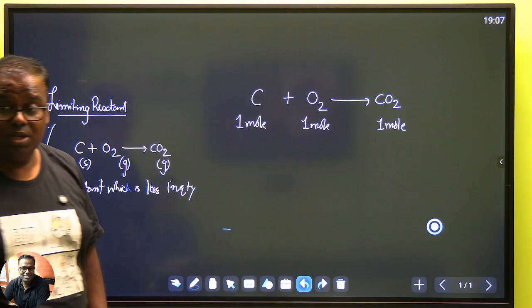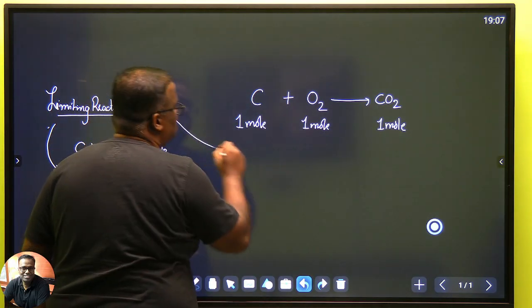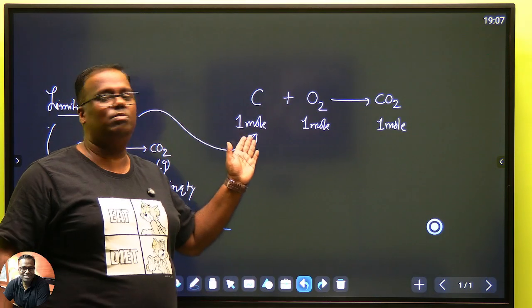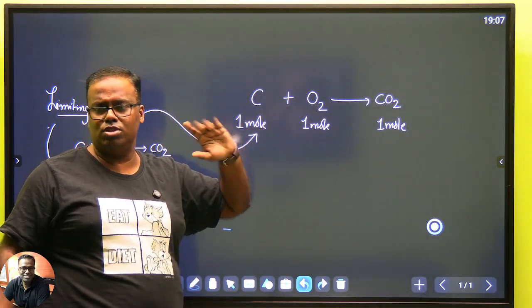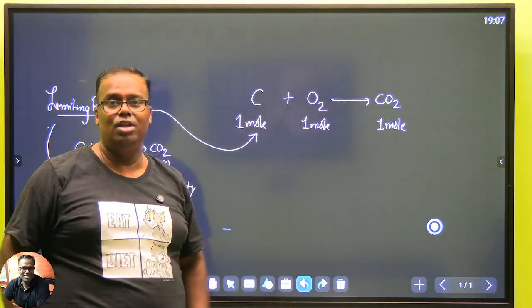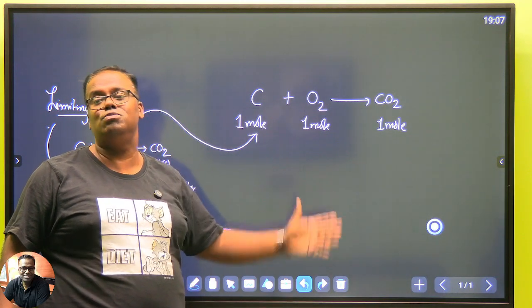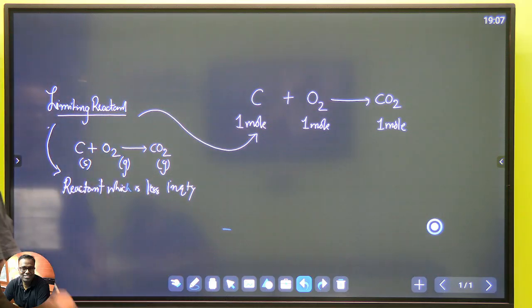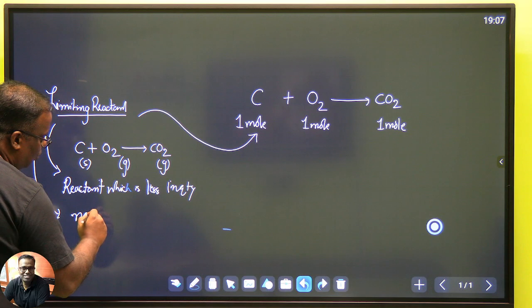When you are measuring the limiting reactant, you will measure it in terms of moles. If I tell you, I am giving you 28 grams carbon, so many grams oxygen, that doesn't matter. Convert every reactant to moles, and then you see which reactant is less in terms of moles. That reactant is the limiting reactant. So limiting reactant will also be determined in terms of number of moles.